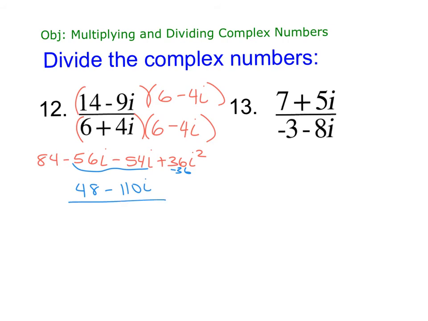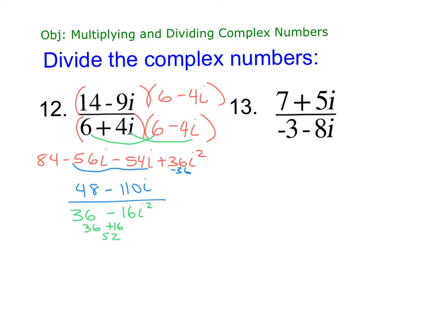Now what do we get on the bottom? So this one we're going to FOIL out again. But I'm going to skip those middle two terms because they're silly. So we get 6 times 6 is 36 minus 16i squared. That becomes 36 plus 16, which is 52.